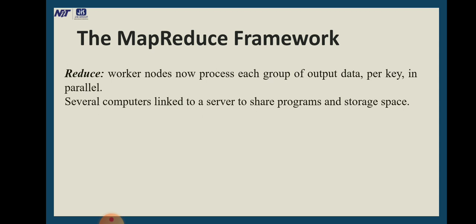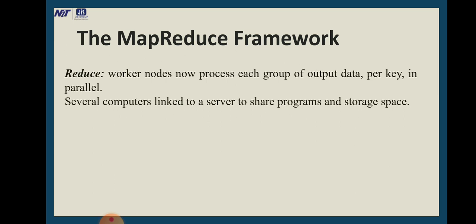Third step is shuffle the map output onto reduce processors. The MapReduce system designates reduce processors, assigns the K2 key each processor should work on, and provides that processor with all the map generated data associated with the key.